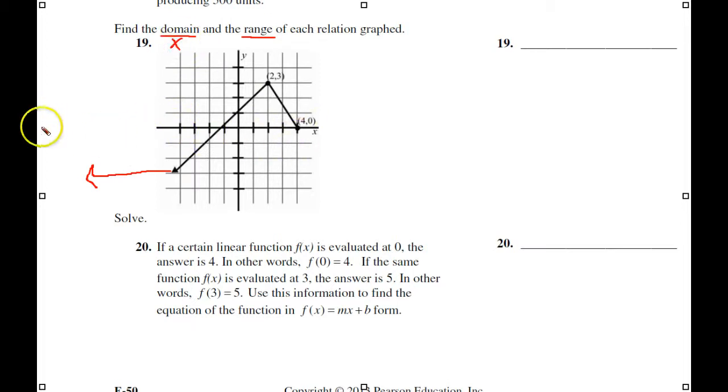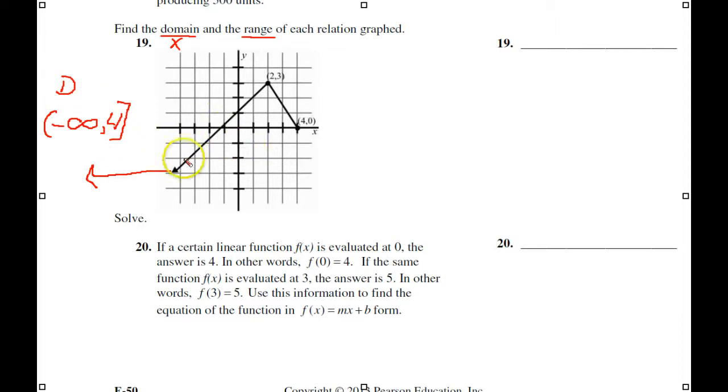So if we think of the domain starting out here at negative infinity, and that's how we would write it, and it's going up to right there, 4, and notice there's a dot on 4, so that indicates 4 is included in the set. So this is the domain.